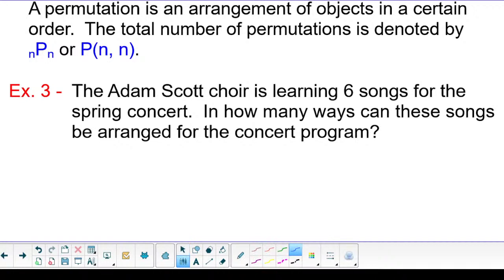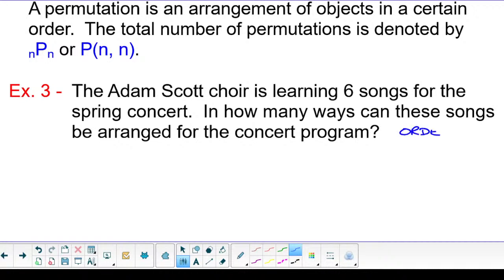Well, what we're going to do is arrange them, and the order makes a difference, right? Like, you know, with bands, they leave some of their big songs for right at the very end. Right? Because they want to finish on a high. So the order makes a difference. So let's just make a note of that.